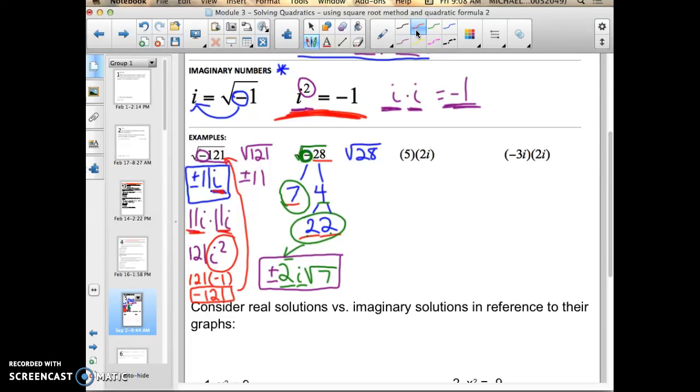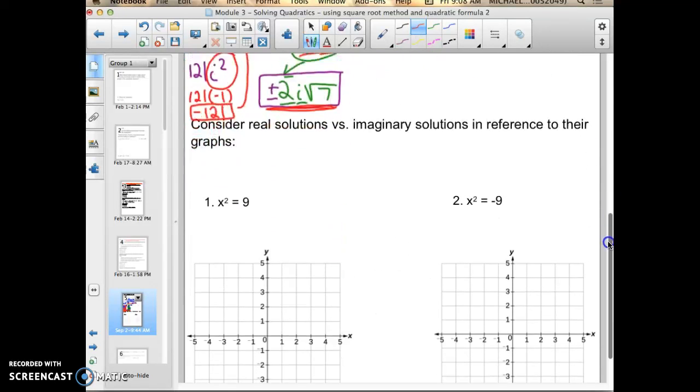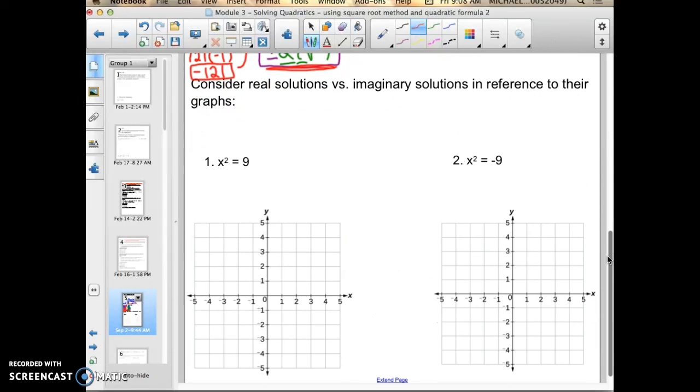That's why the I had to be created, because it finally makes the math work out, or it creates a pathway back to the beginning. And it would work just with this number too. This number is just a little bit more complex, or just not as pretty as the whole number of 11. But the math would still work if I multiplied it back out. Now, let's go down to considering the real solutions versus imaginary solutions in reference to their graphs.